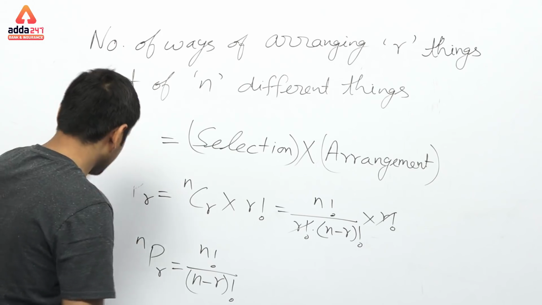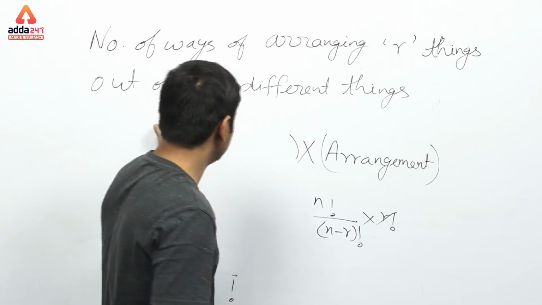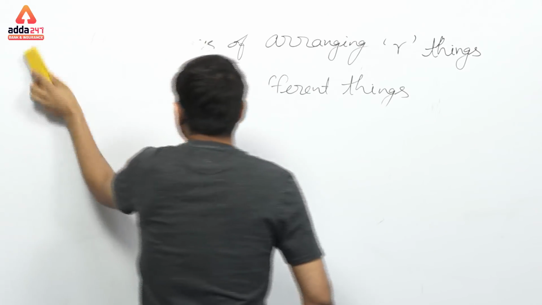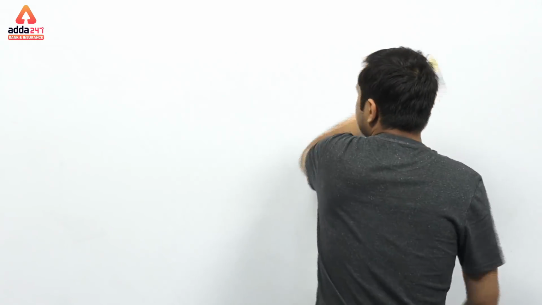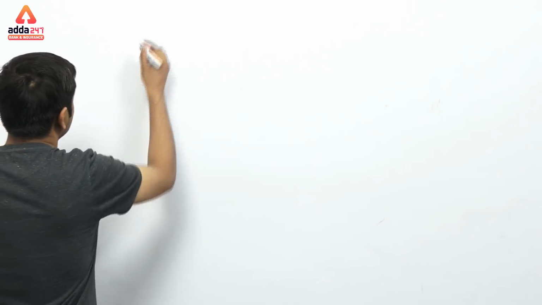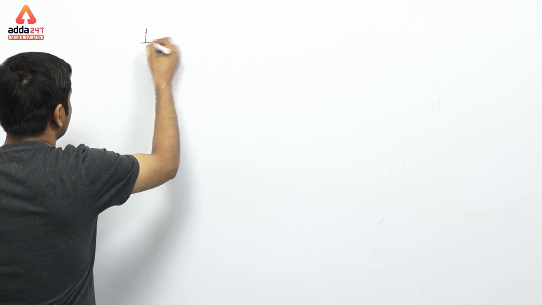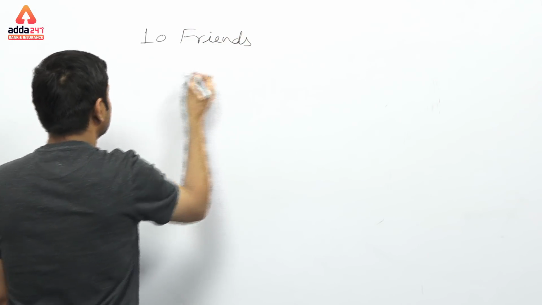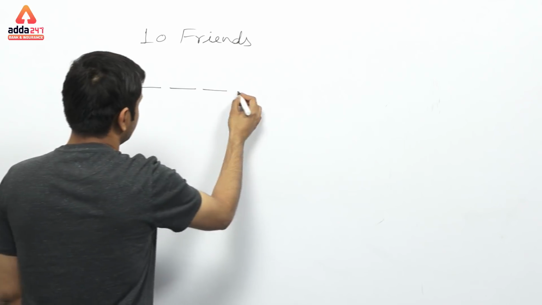I'll give you an example. Let's say there are 10 friends, and there are these 4 chairs.